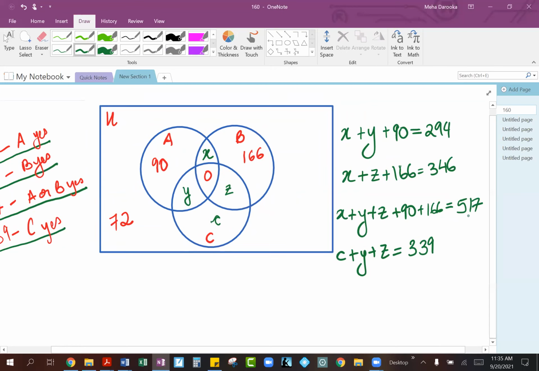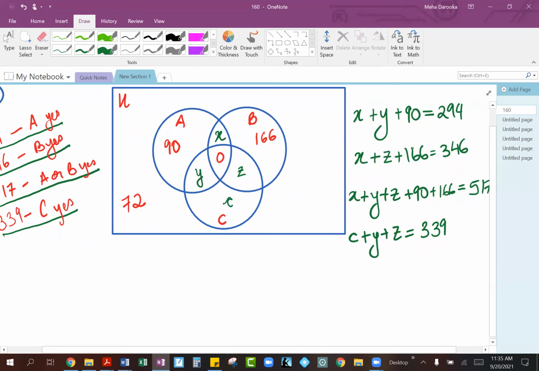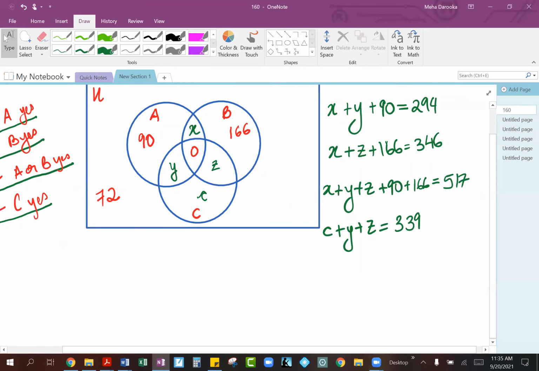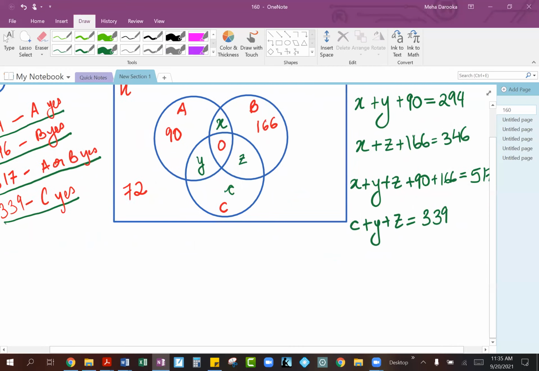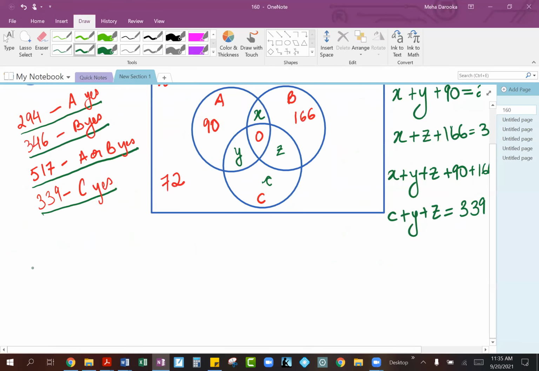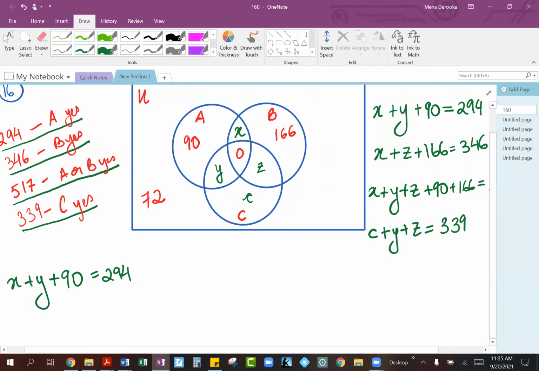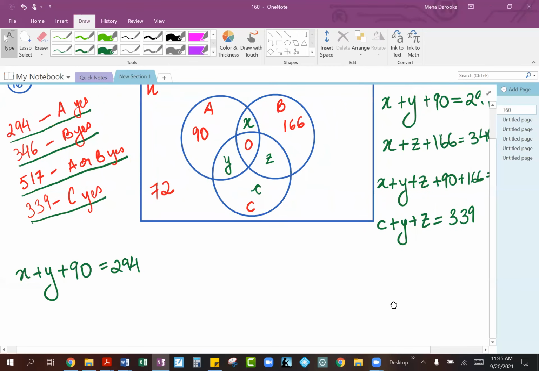So let's clean up these equations a little bit. Let's start with the first one. I guess let's do this guy over here. So we've got X plus Y plus 90 equal 294. Let's clean this up. All we're going to do here, guys, is take that 90 and subtract it on both sides so that we can move it to the other side of our equation.